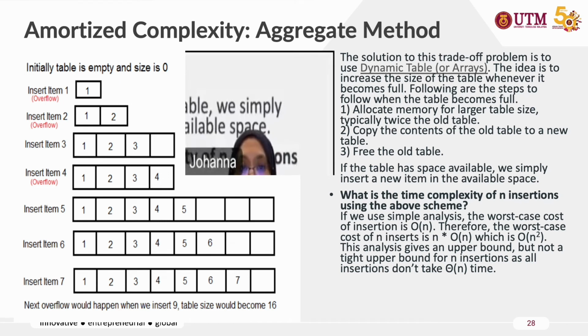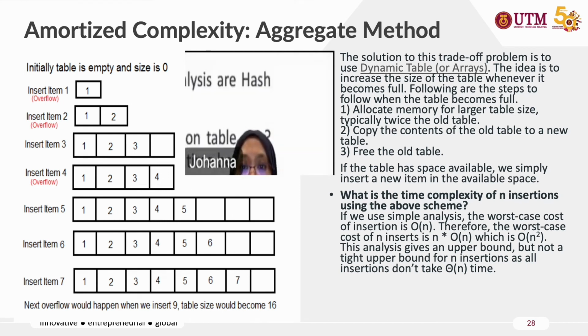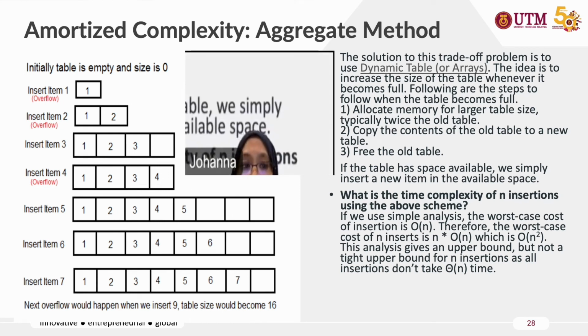Now let's look at an example of the aggregate method. Normally for the aggregate method, we use a dynamic table like this. Look at this example here. At the beginning, we initialize the table as empty with size equal to 0.